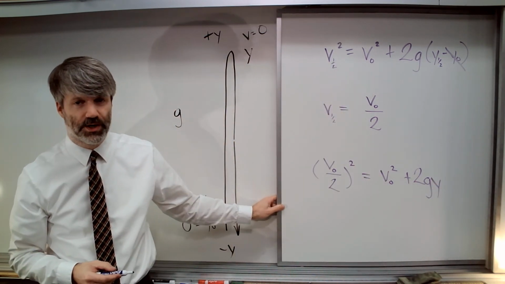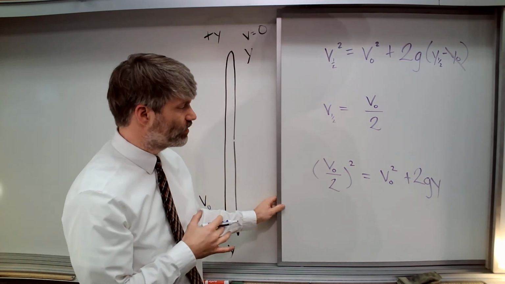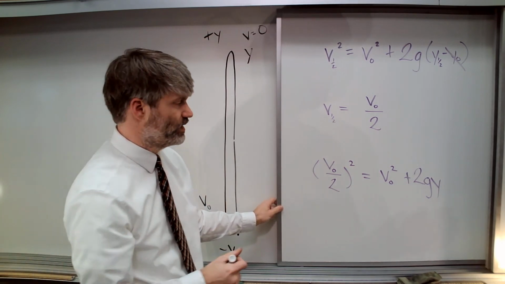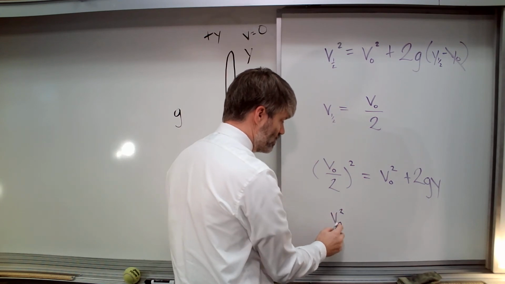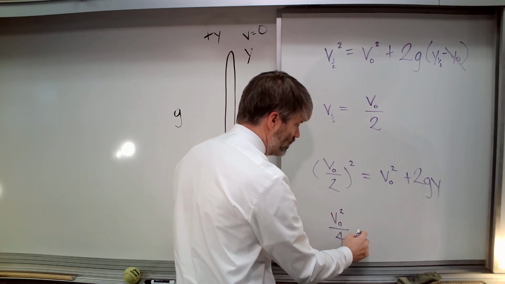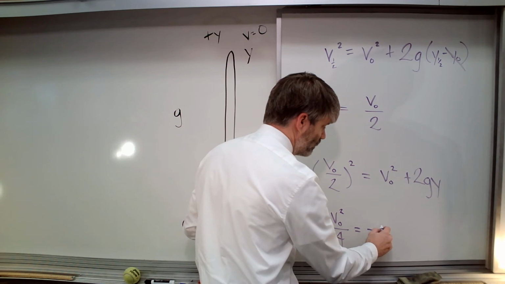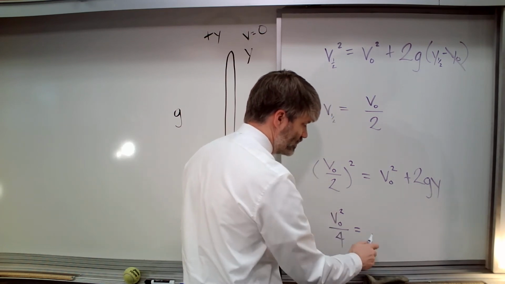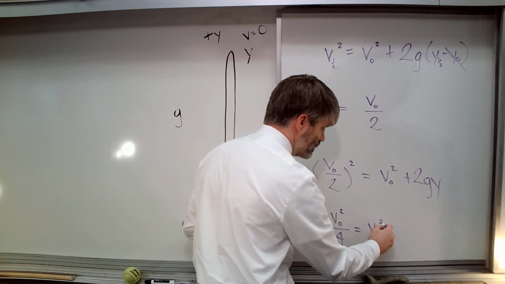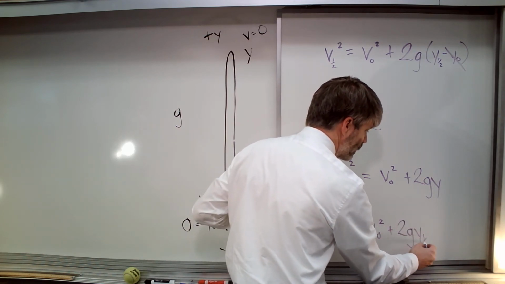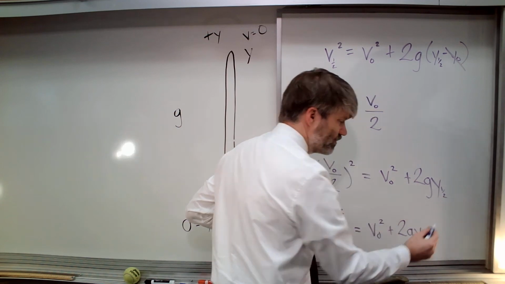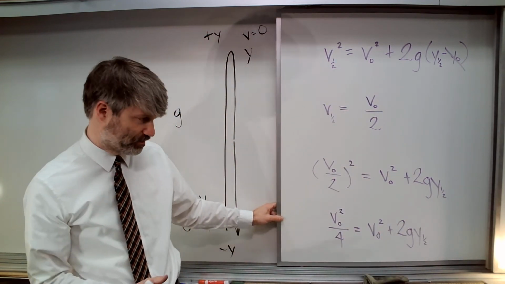At this point, we're going to solve for y, starting off by squaring what we have here. We've got v0 squared over 4 is equal to v0 squared plus 2gy. Sorry, I forgot my little subscripts there.